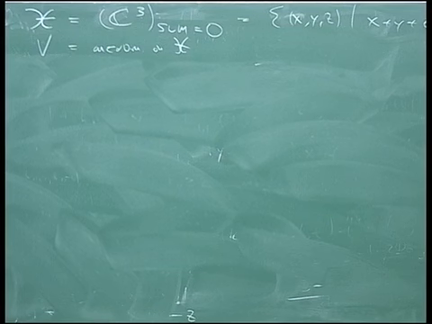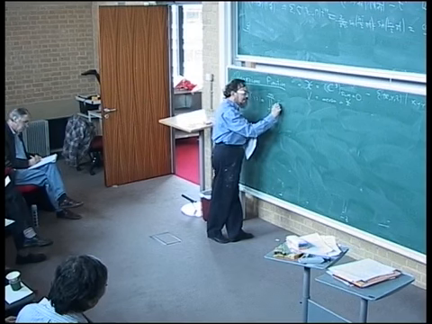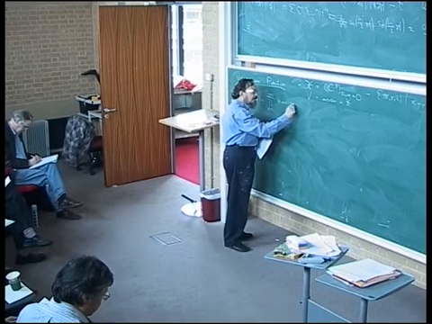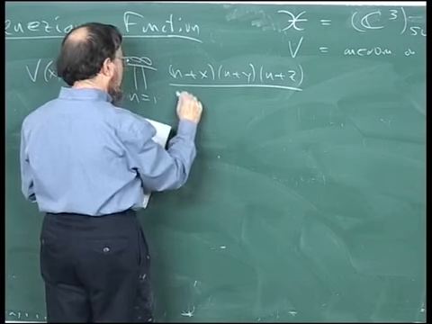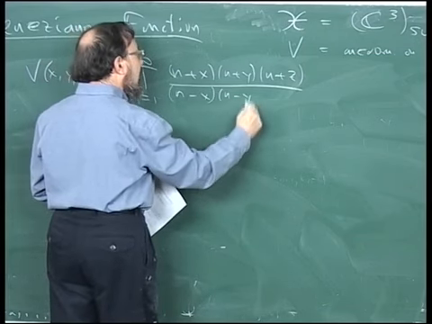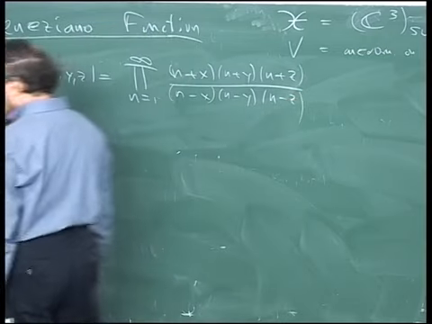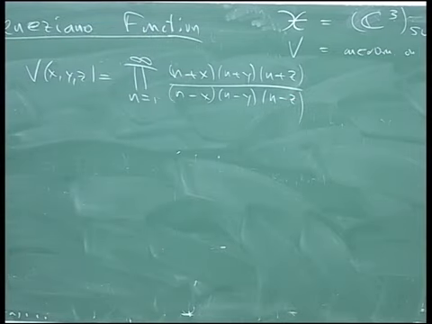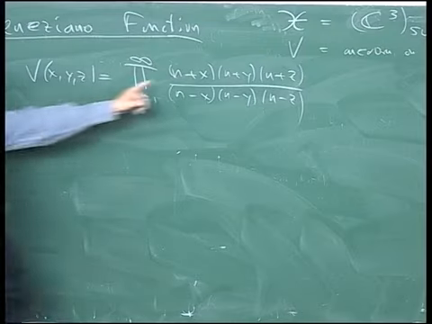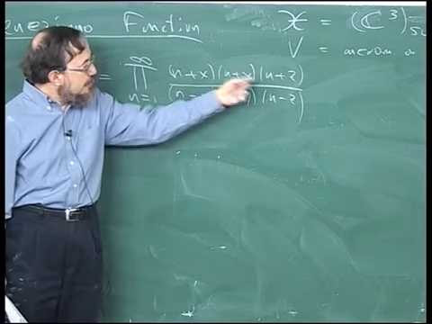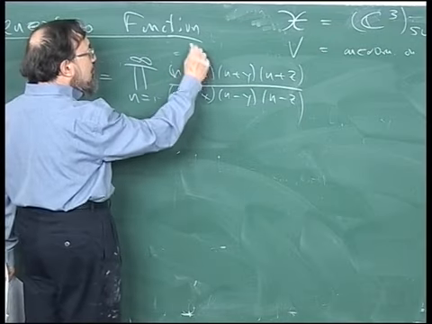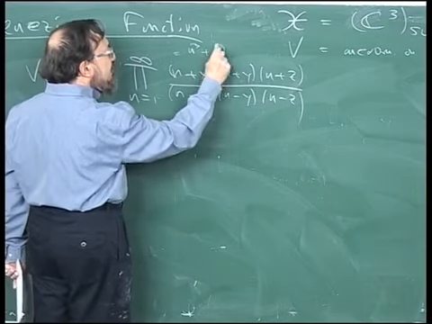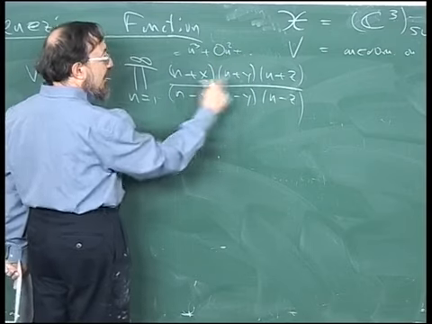So here it is, V of x, y, z, V for Veneziano. Well, I'll first write it as an infinite product because it's kind of cuter. So x, y, and z are actually not going to play a role directly, but as the roots of a cubic polynomial. So I'm really interested in the polynomial (n plus x) times (n plus y) times (n plus z). Now that cubic polynomial, you'll notice, starts n cubed, and then luckily the coefficient of n squared is 0, because x plus y plus z is 0.